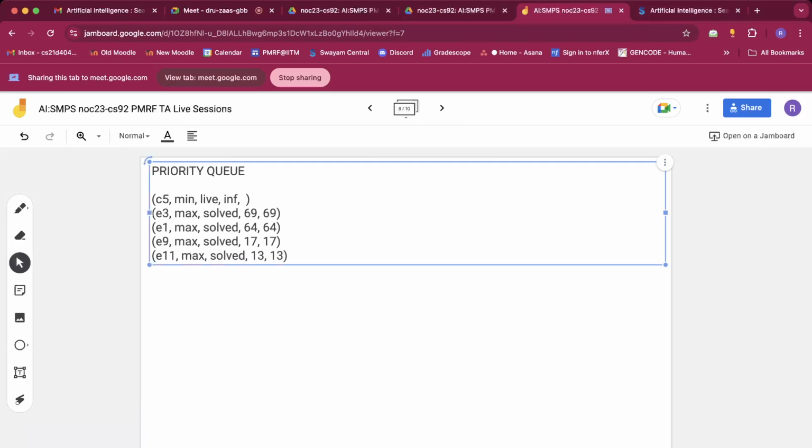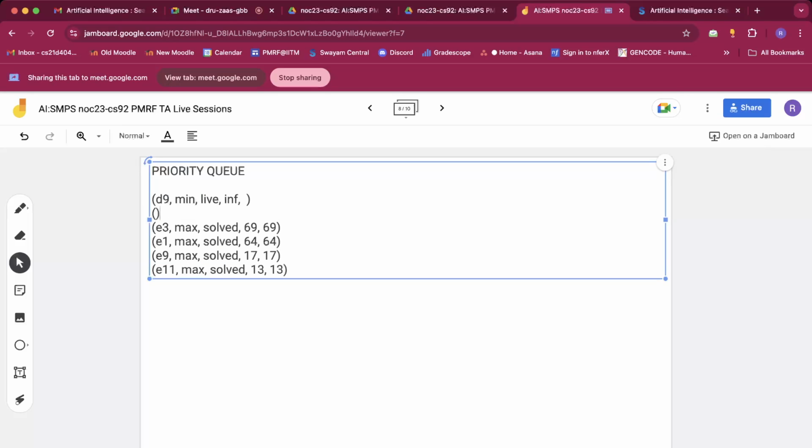We add C5, which is a max node, live, infinite, and no bound. When we pop C5, we will add its children, which are D9 and D10, which will be min nodes. D10 is a min live node with an infinite bound and not solved yet.